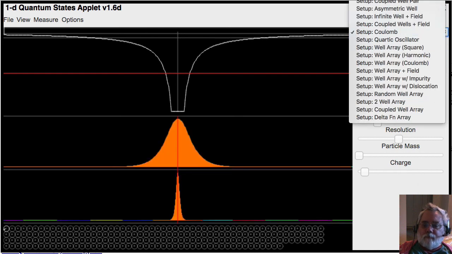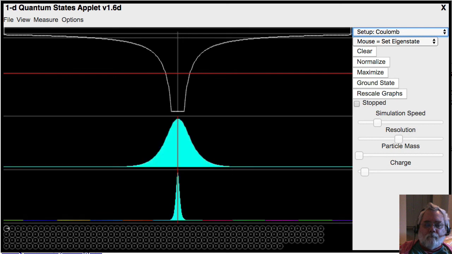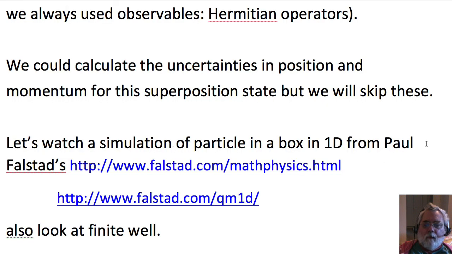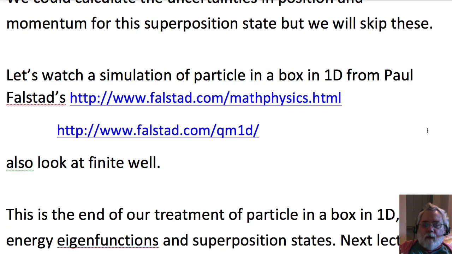Or other cases. Okay, I encourage you to play with that and be aware of that for other simulations as well.